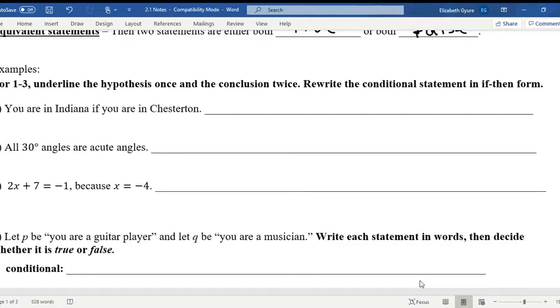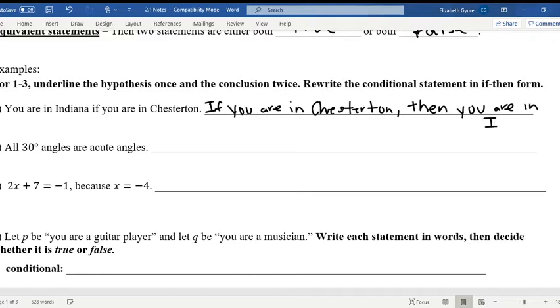So we're going to write, if you are in Chesterton, then you are in Indiana. I apologize for not the best handwriting in the world. It's hard to write small with this stylus.